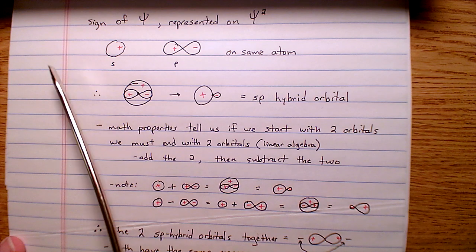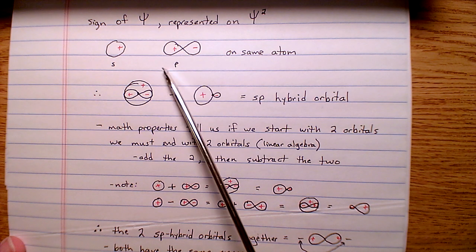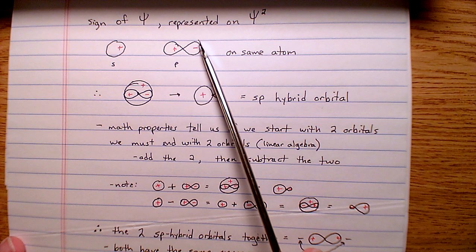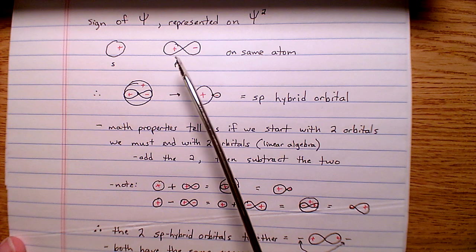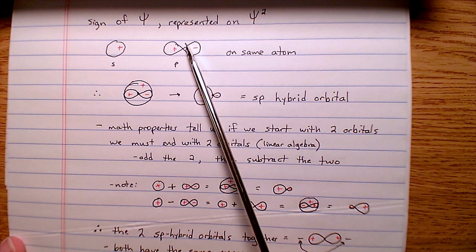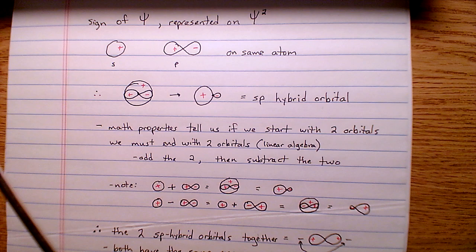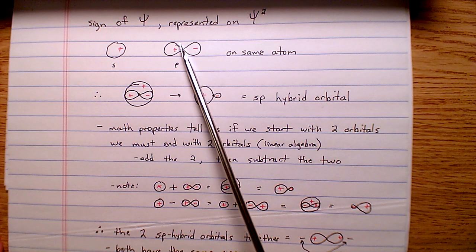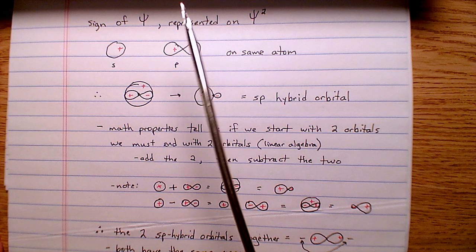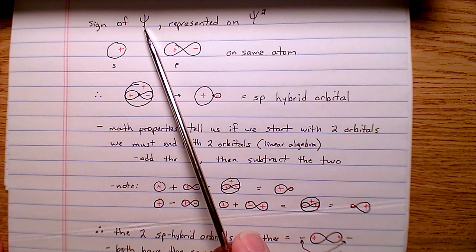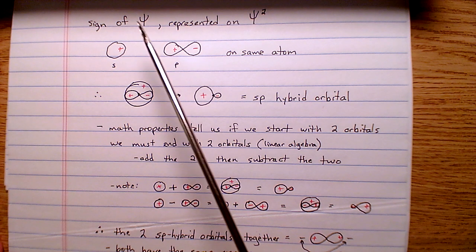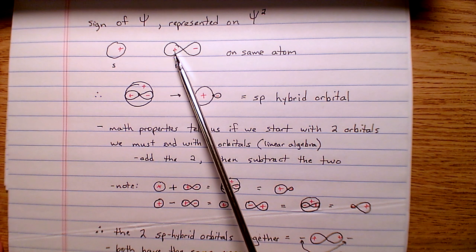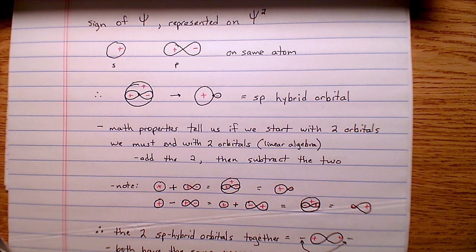But I realize that I had to square the wave function to get this shape. However, before I squared it, the part of the wave function responsible for this lobe over here had a negative sign associated with it. So I am going to look at this shape and realize that the original math that describes the electron had a positive sign for this part of the wave, negative sign for that part of the wave.